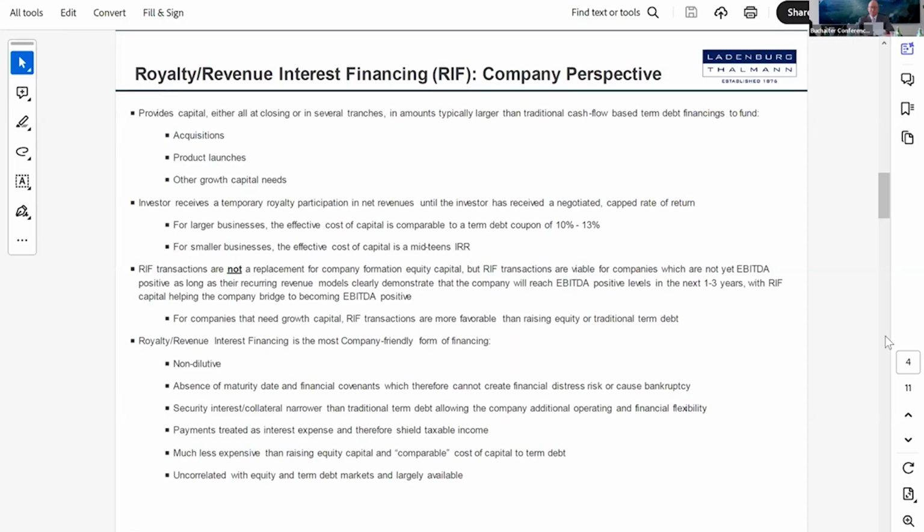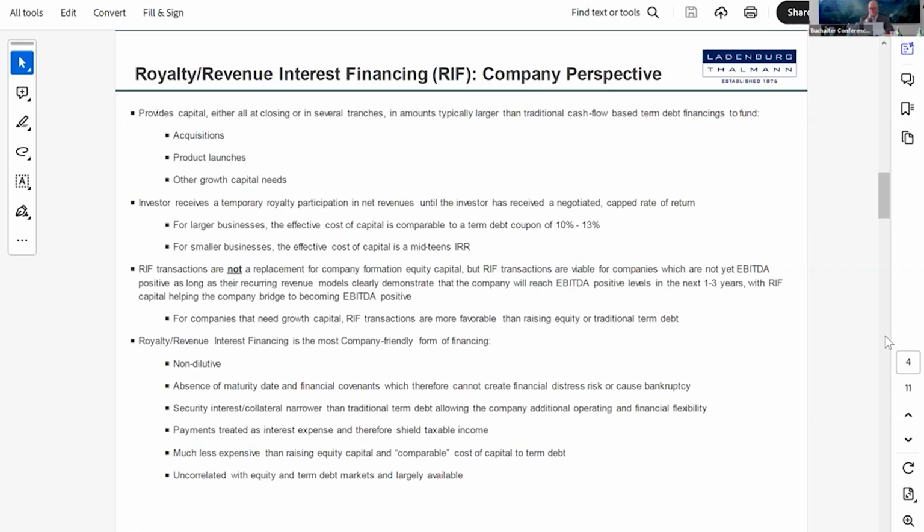This might be 100, 150, 200 basis points more than term debt, but because larger amounts of capital can be raised relative to term debt, the return on equity to shareholders might be higher, even if this form of financing might be 100, 150 basis points higher, because you can raise a lot more of it, and therefore companies raise less equity when they're thinking about the mix of total capital that goes into the business.